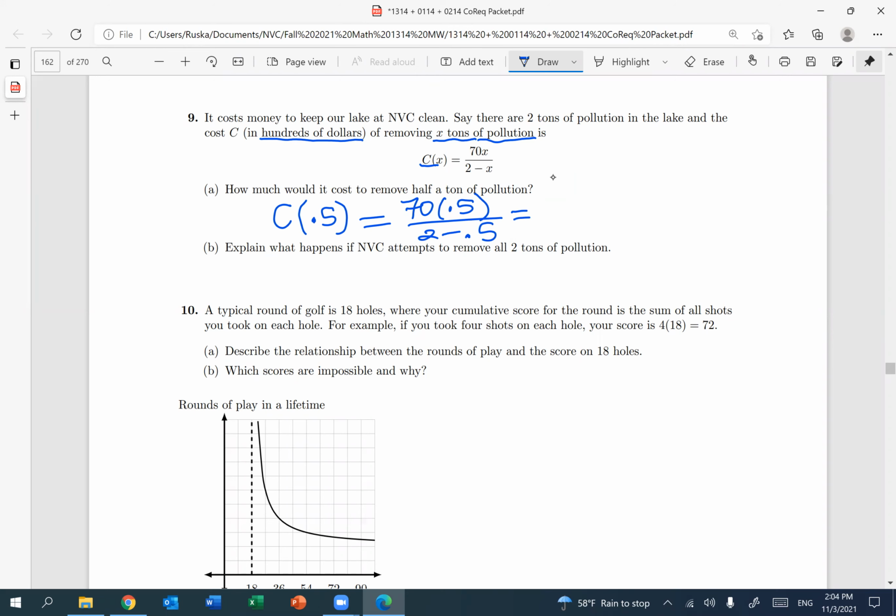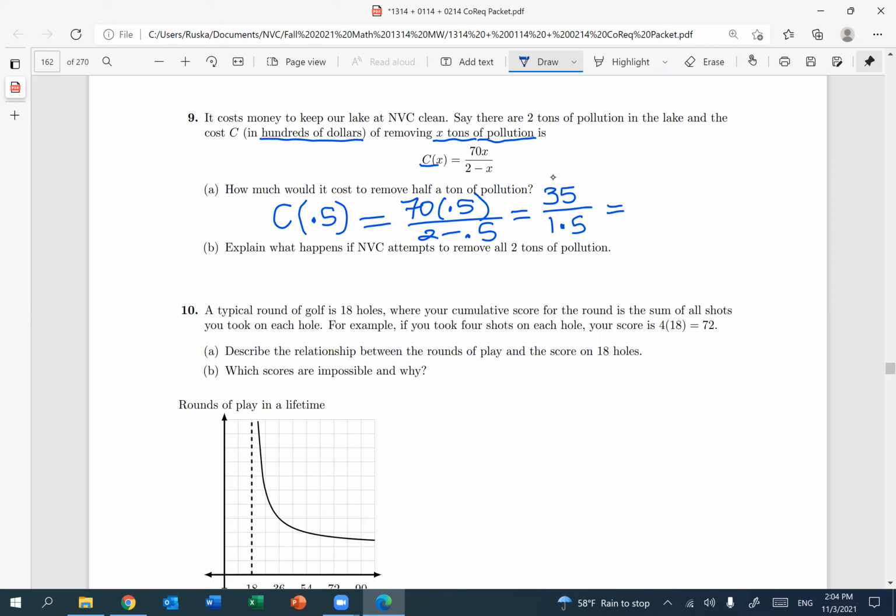Let's simplify. 70 times 0.5 is 35, and 2 minus 0.5 is 1.5.